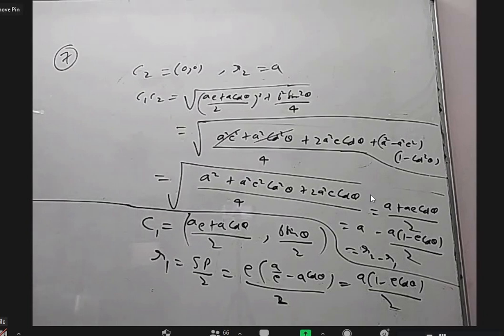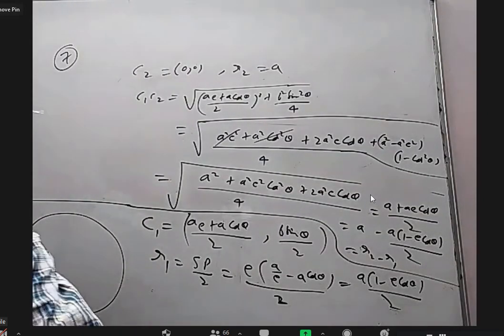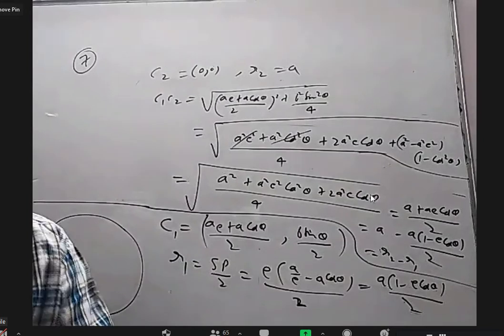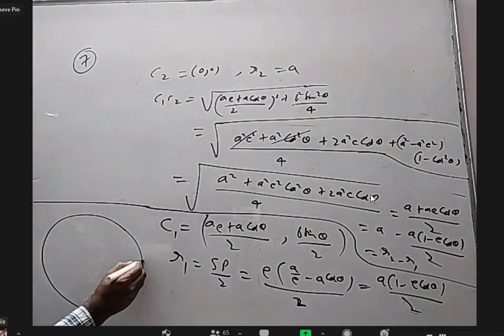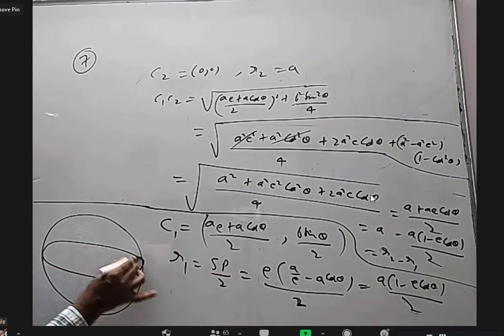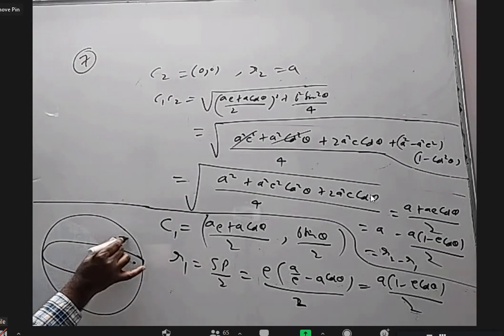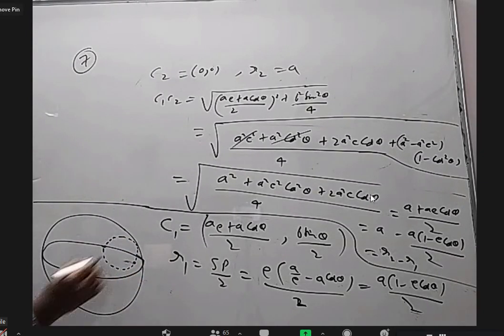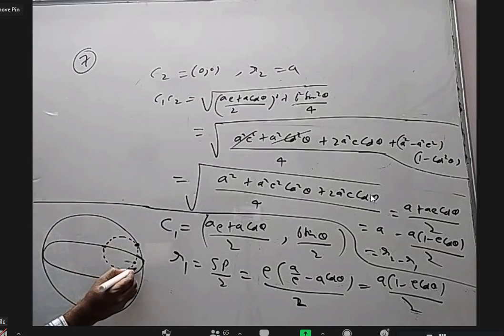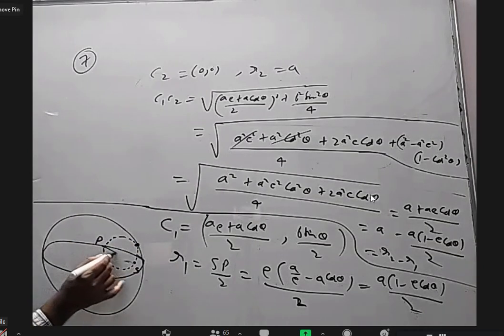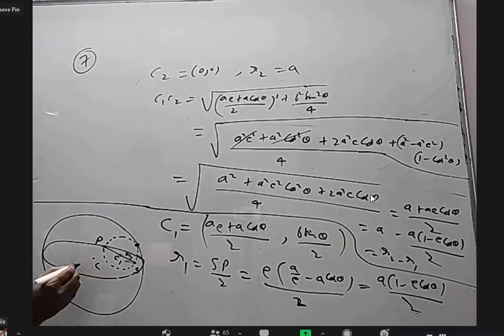You can even draw one figure. First draw the auxiliary circle. Then draw the ellipse. Take any point and the focus. It will be like this. It touches here. This is S. This is P. This is C1. This is R1. This is C2.